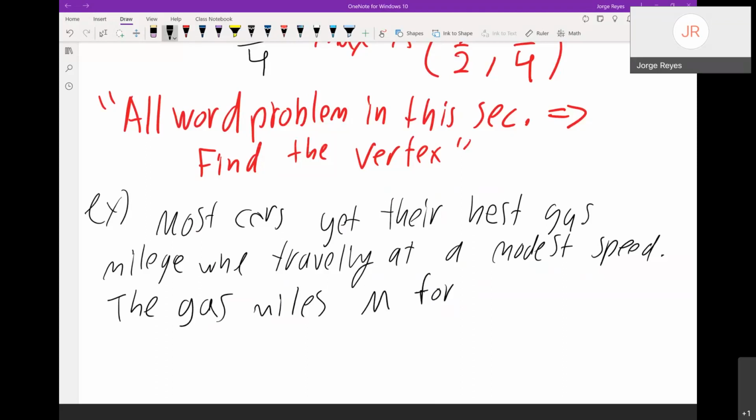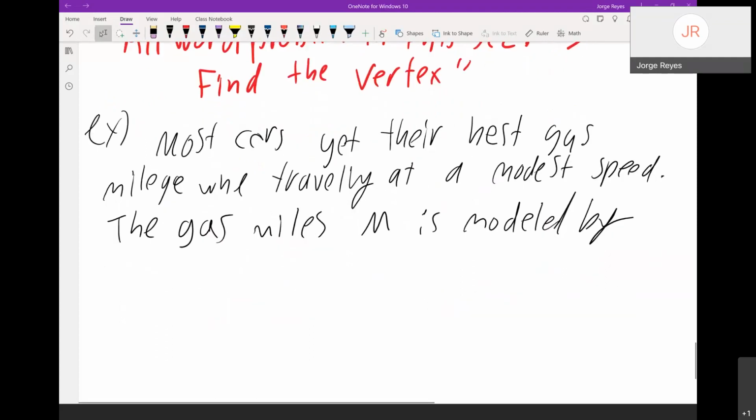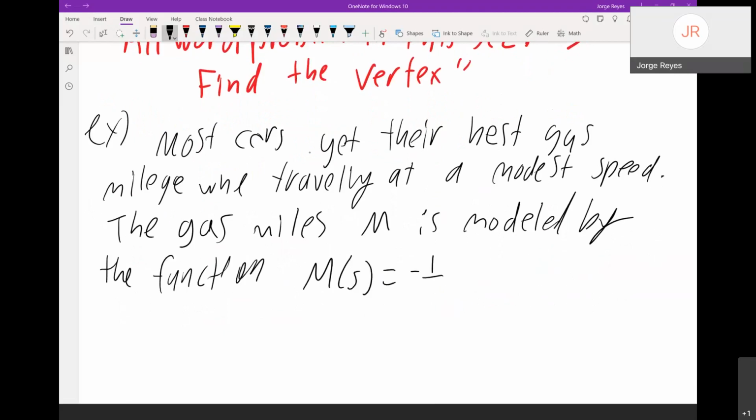So the gas mileage M is modeled by the function, and here they're going to give you the function: M(s) = -1/28 s squared plus 3s minus 31.